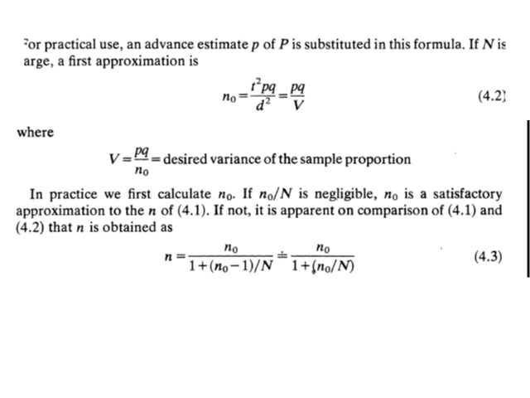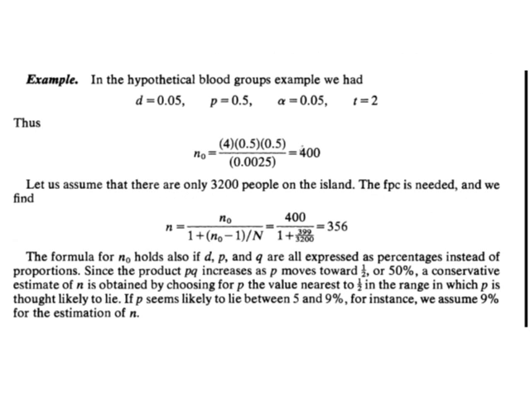If not, from a comparison of 4.1 and 4.2, n is obtained as n = n0/(1 + (n0 − 1)/N), which is approximately n0/(1 + n0/N). Let's take an example.